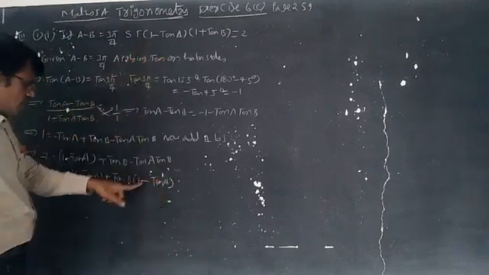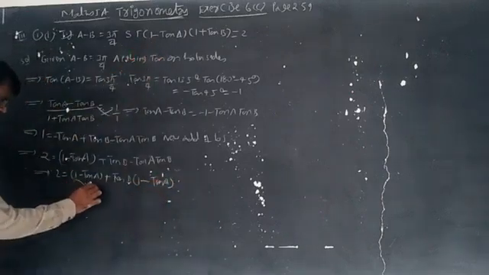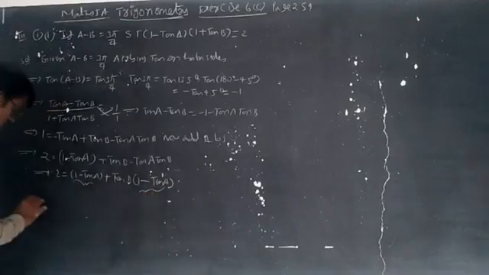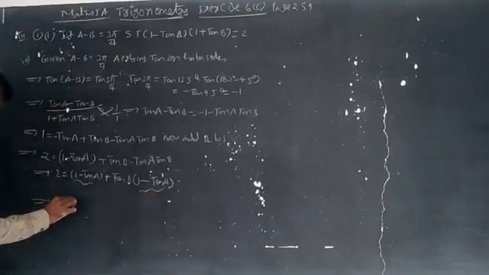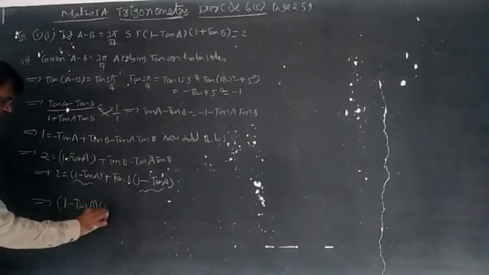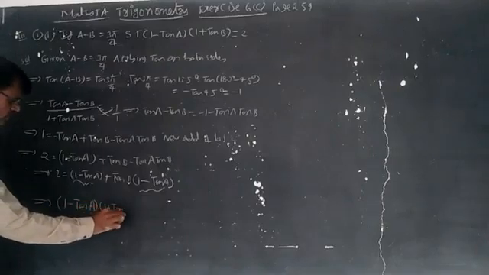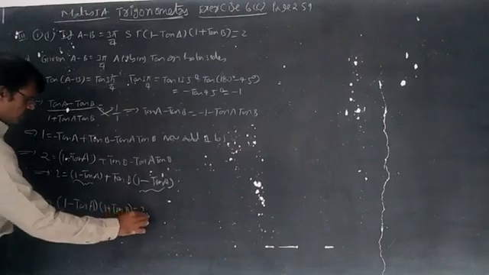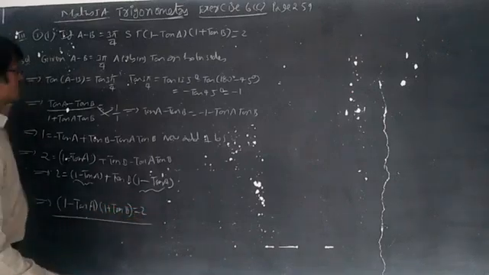During 1 minus tan a, we can take common 1 minus tan a. According to the question, now we can write here 1 minus tan a into 1 plus tan b is equal to 2. This is RHS.